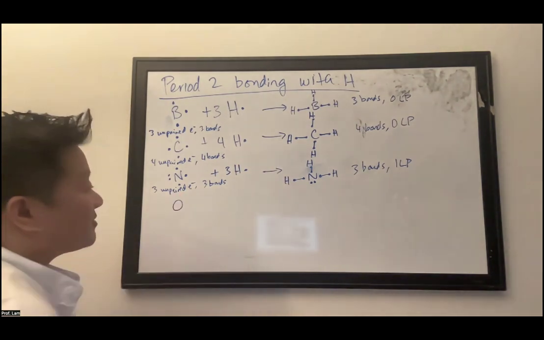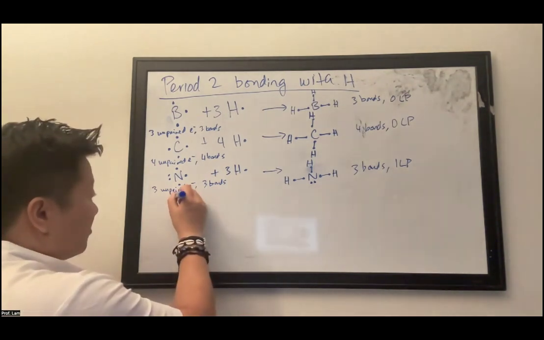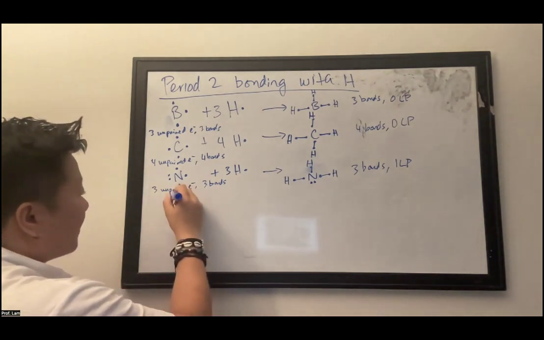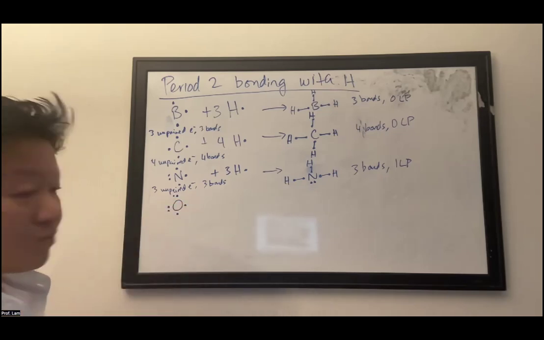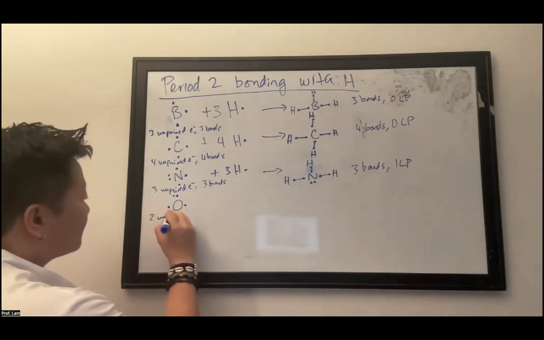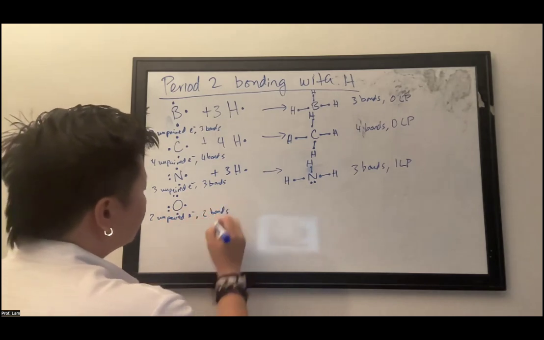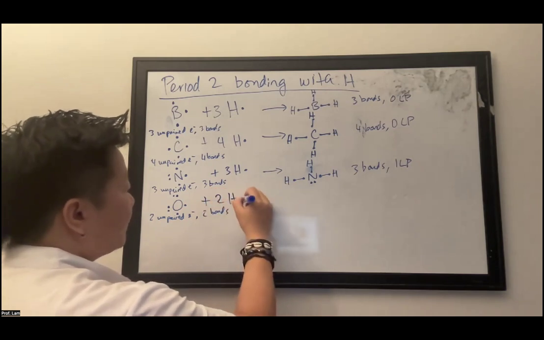Let's move on. Oxygen should have 6 valence electrons, right? So that's going to be 1, 2, 3, 4, 5, 6. And so once we do the Lewis dot, we see it only has 2 unpaired electrons. So it's only going to want to make 2 bonds. That means we only need 2 hydrogens.